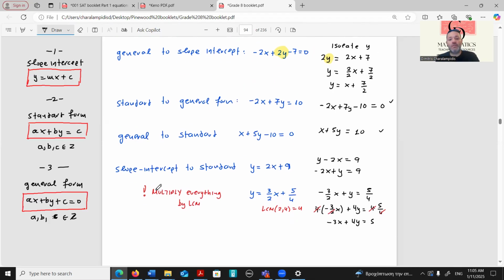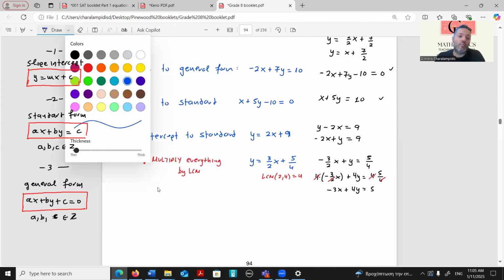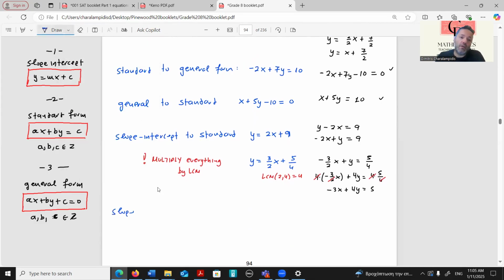The same process will apply if we want to go from the slope-intercept to the general one. So, assuming that we had y equals 1/2 x plus 3 over 2, at first, in order to bring them into a general kind of form, everything should be brought on one side.